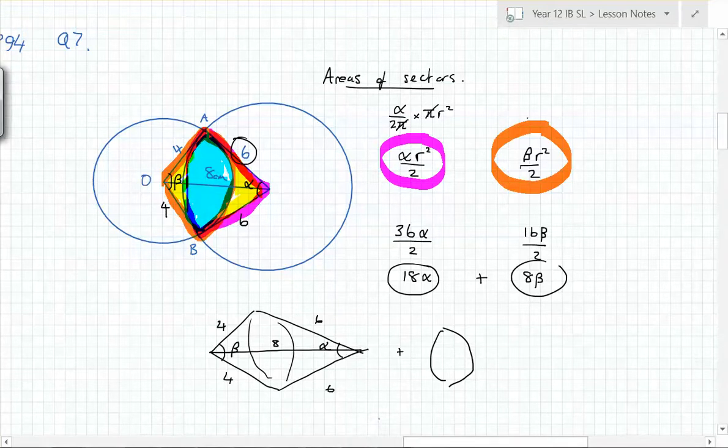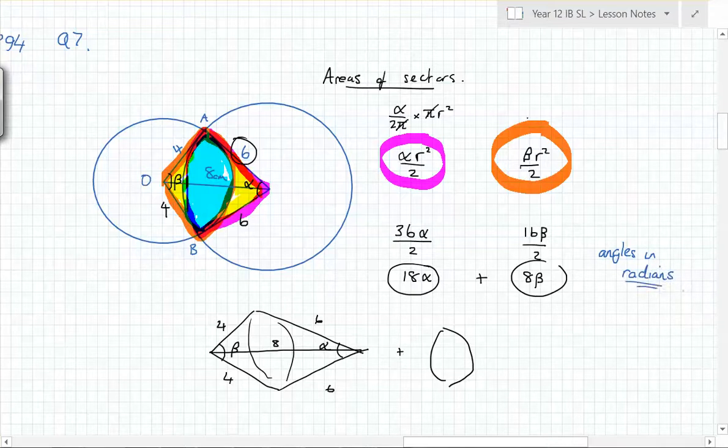Now, we started looking at the areas of the segments, so we've done that, the arc length and area. You understand it's 18 times alpha, 8 times beta, but only if what is true about the angle? Angles in radians.